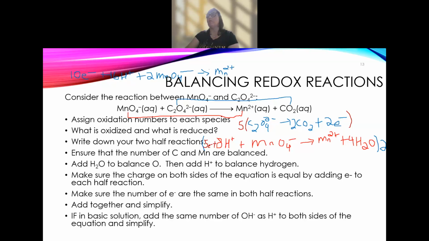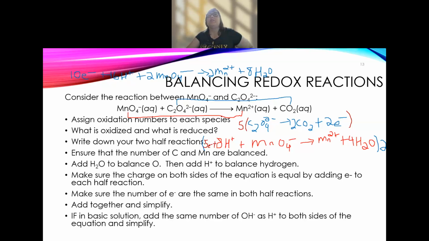Oh, see, there aren't enough of them. I need 2 of those because I'm going to multiply everything by 2, plus 8 H2O. All right, that's one. Half of the half reactions is satisfied.